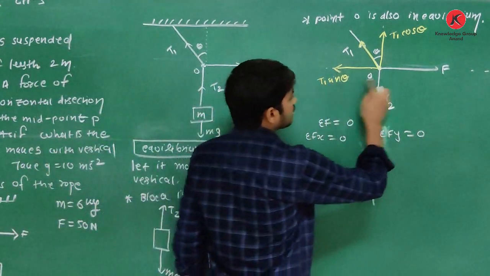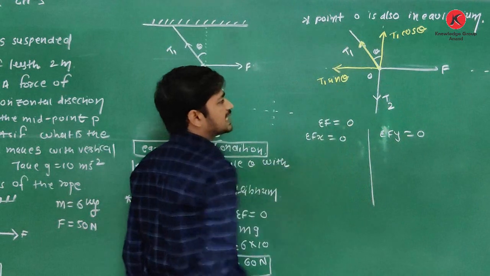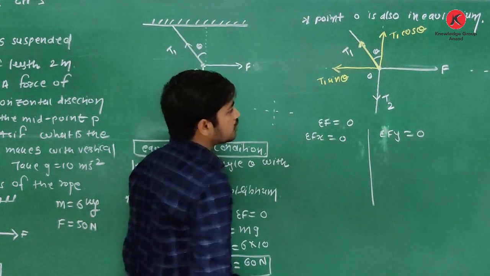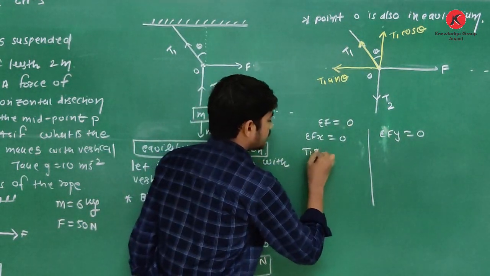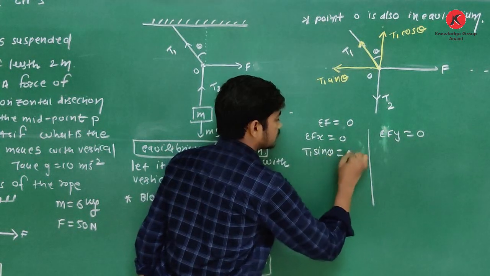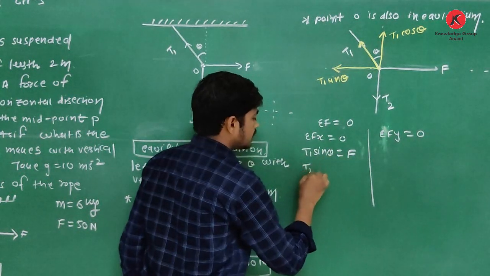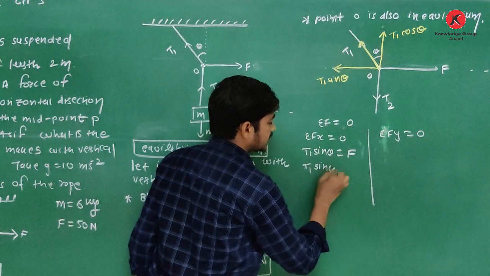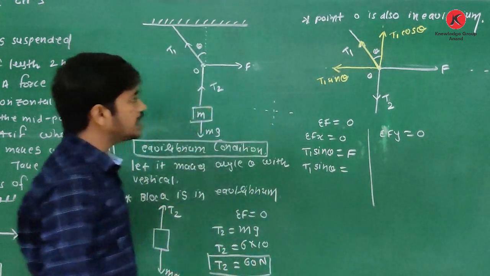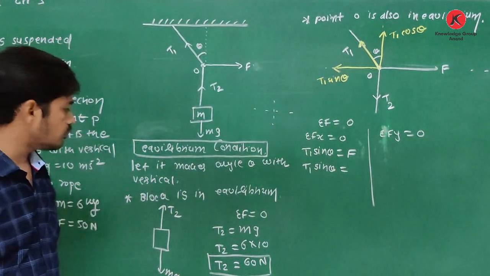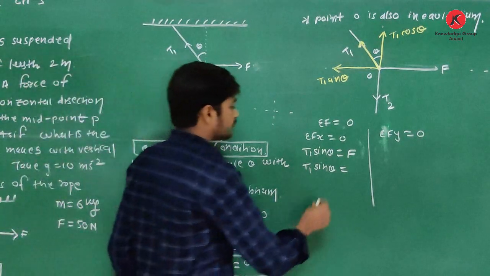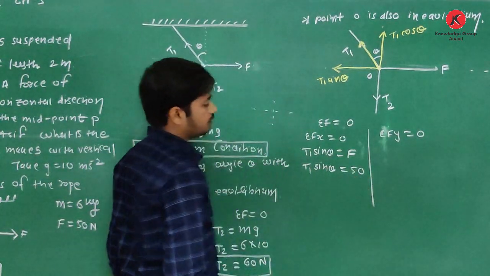First is in this direction, F and T1 sin theta, and as shown in figure, they are in opposite direction. So I can write T1 sin theta is equal to F. What is the value of F? F is given, 50 Newton.